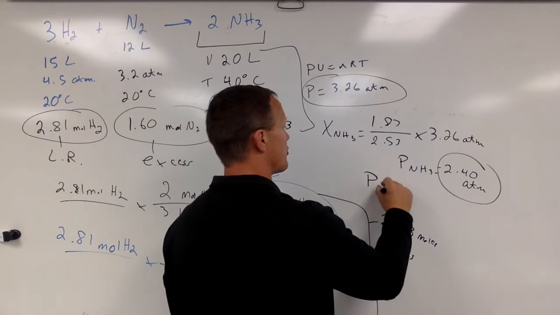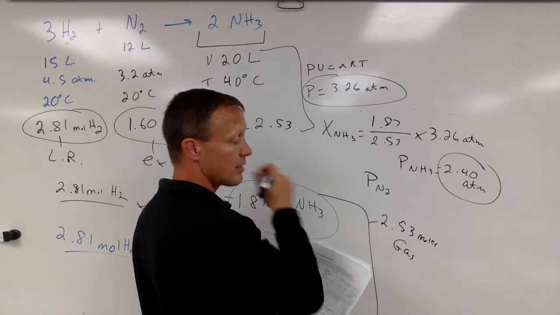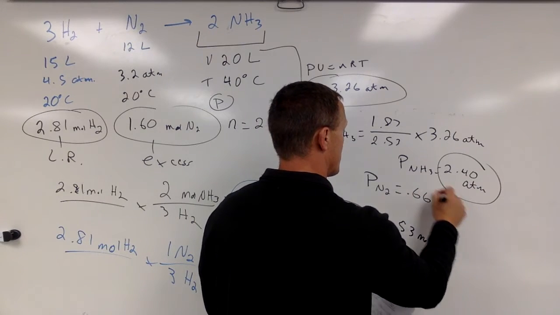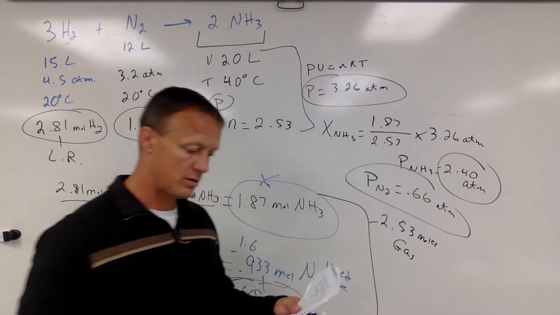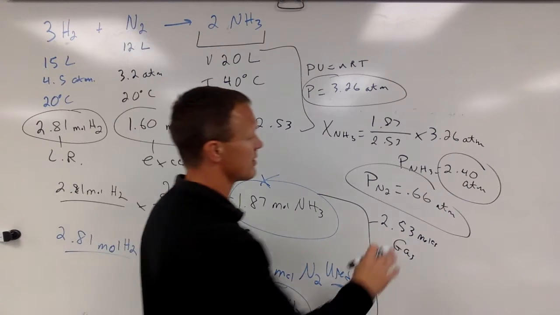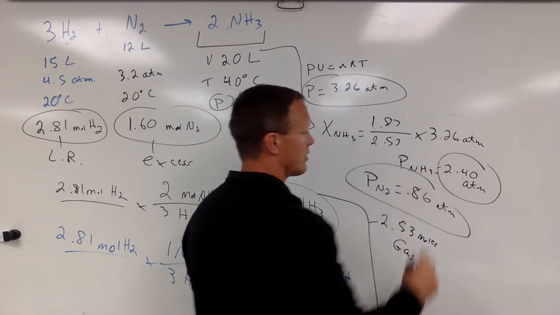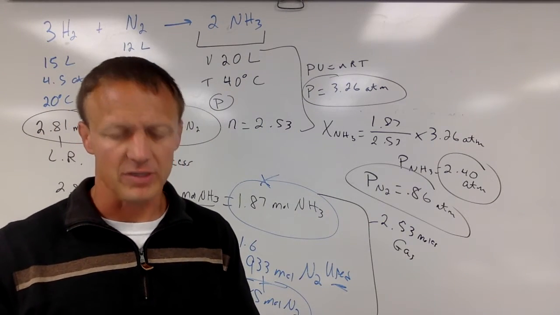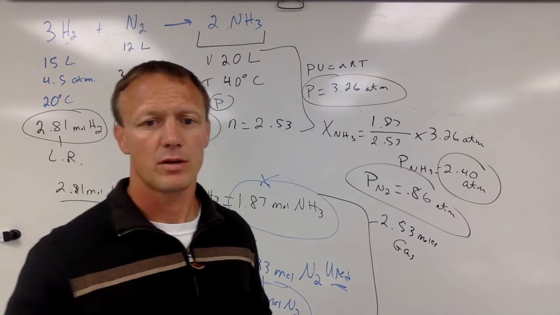And the pressure of nitrogen, 3.26 minus that, would be about 0.86 atmospheres. So pretty difficult problem, but still follows the same principles as other limiting reactant problems.